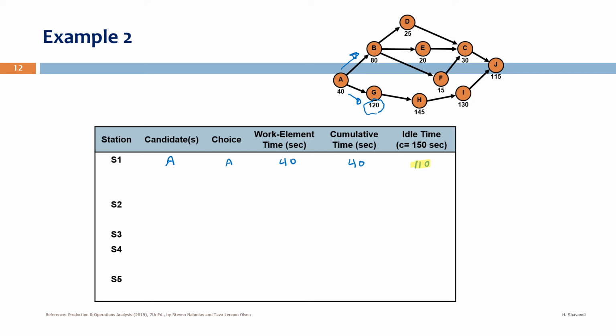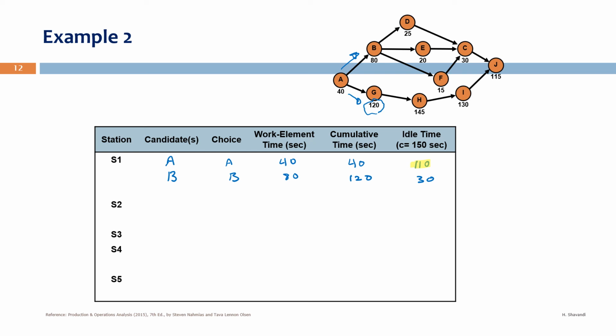So the only option now again becomes B. There is just one candidate, so the choice will be B, and its time is 80 seconds. So the cumulative time for this workstation becomes 120, and there are 30 seconds left.